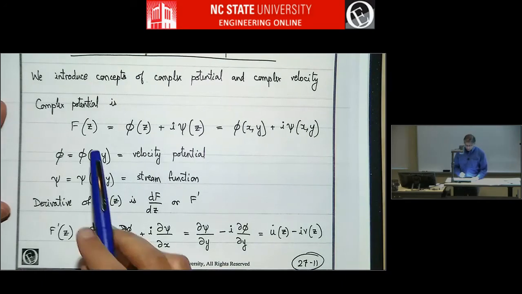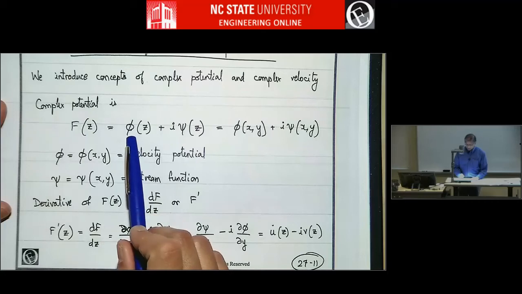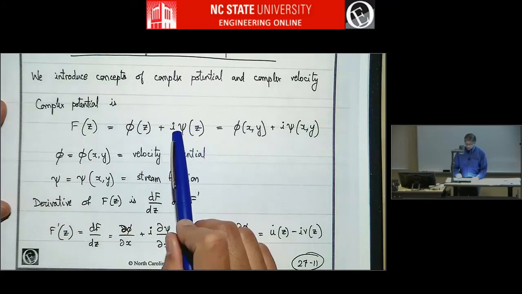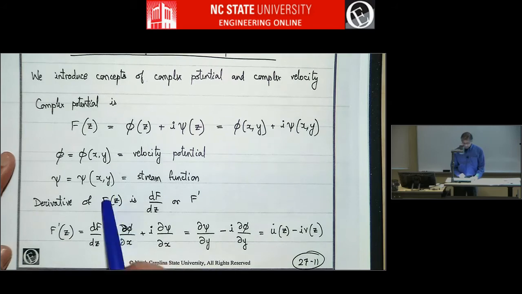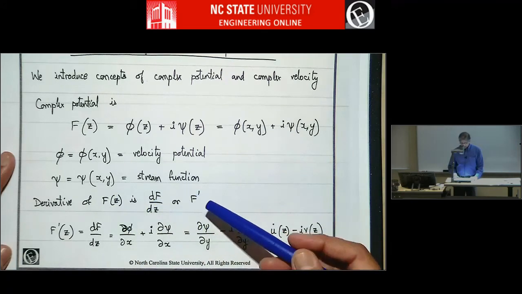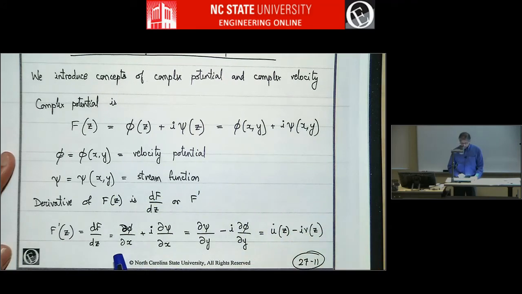So we define a complex potential that is velocity potential plus i times stream function. If you take the derivative of that, df/dz, or f prime, is d phi/dx plus i times d psi/dx.